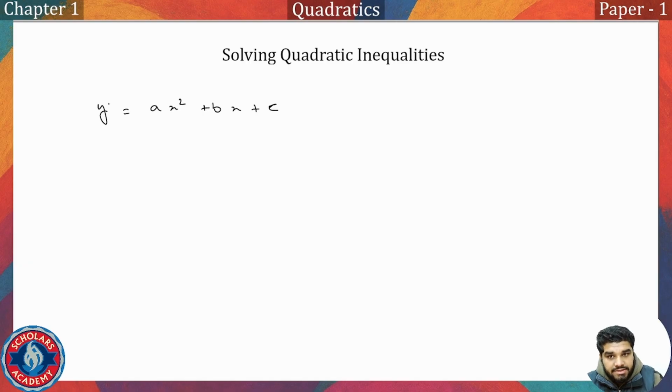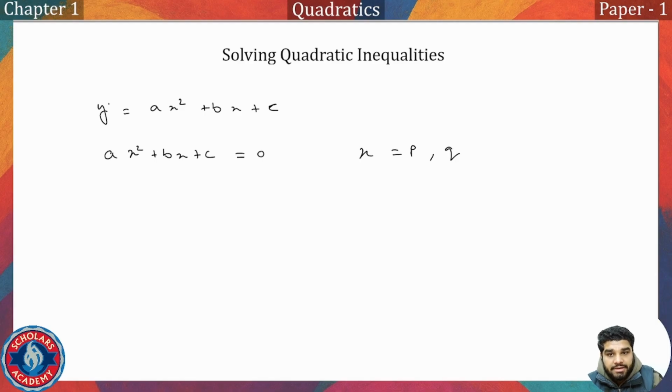What I mean by zeros is we take this quadratic ax square plus bx plus c and equate it with 0 and find those particular values of x which give us value of y as 0, right? But we have a range of values.